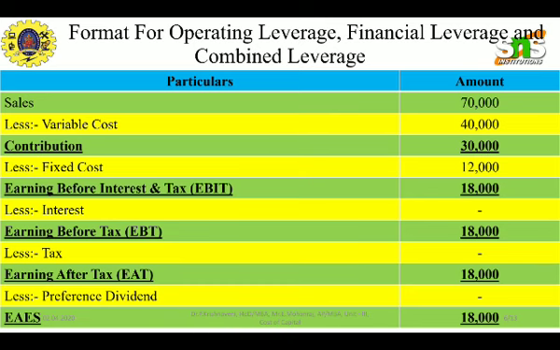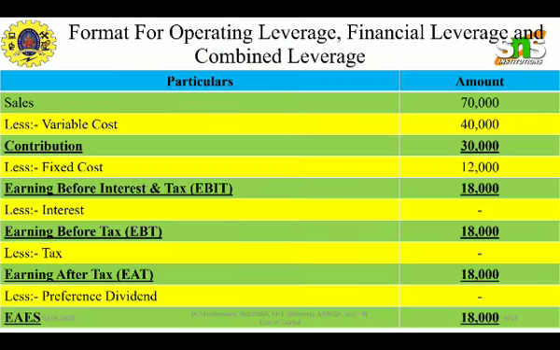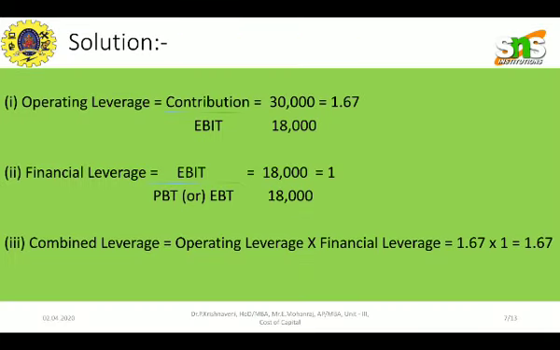The EBIT, earning before interest and taxes, is 18,000. 30,000 divided by 18,000, the value is 1.67. Your operating leverage is 1.67.